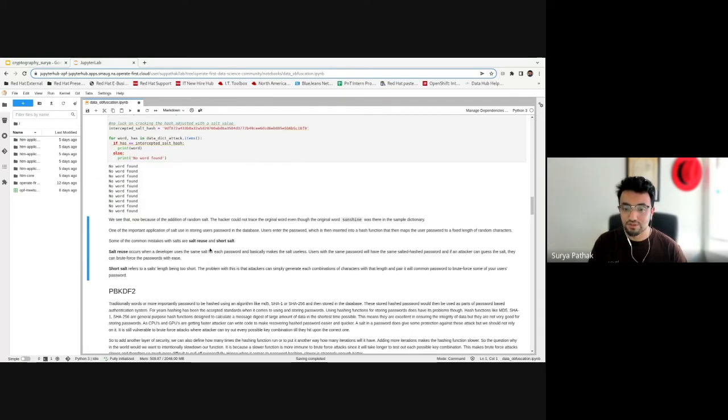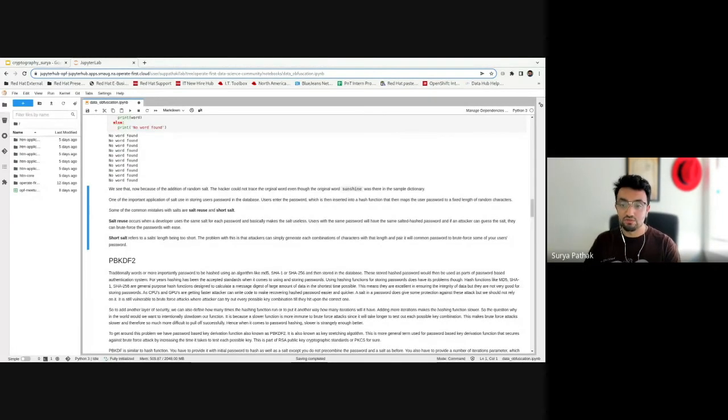For that purpose, there are a couple of key derivation functions that are comparatively slower than SHA or MD5.